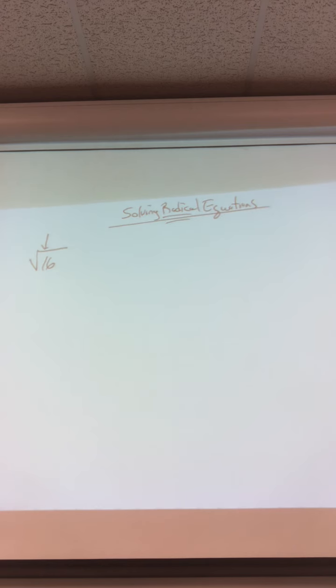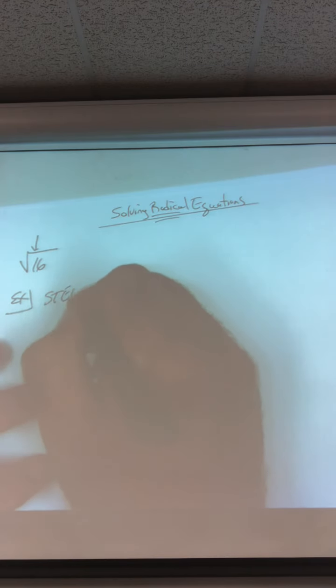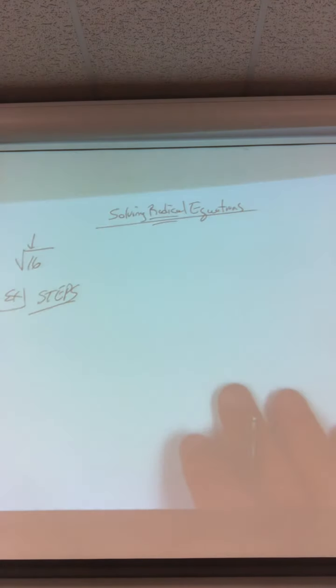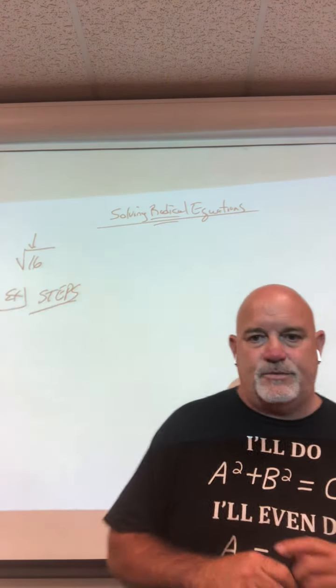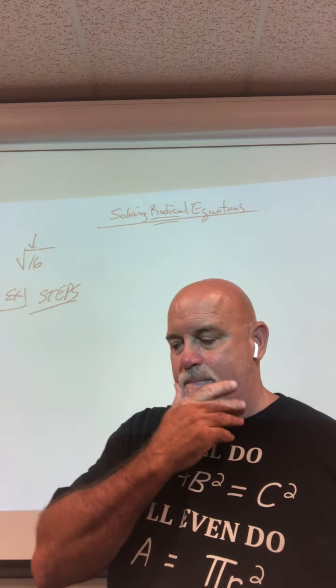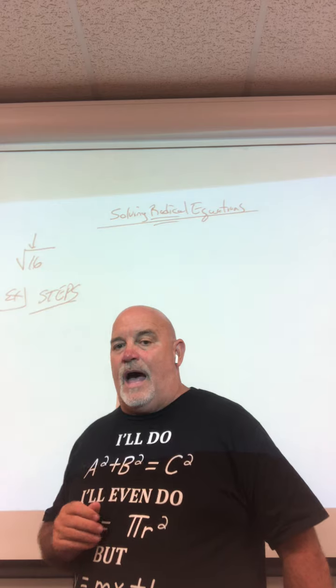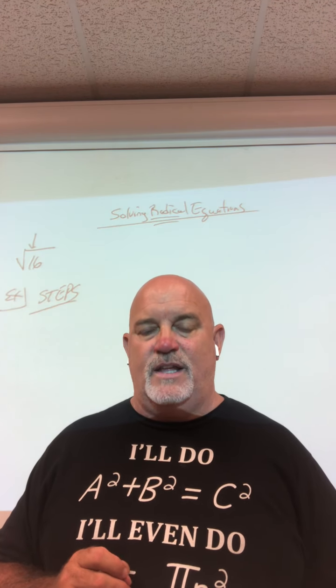Okay, so before we get to that, let me give you your steps to solving radical equations. 4 steps. Here are the steps. Step 1. Isolate the radical term on one side.